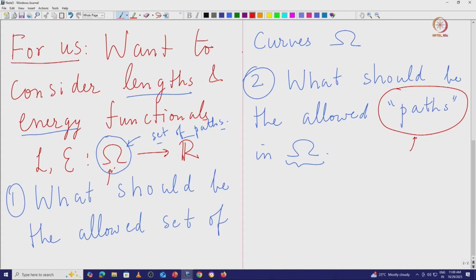The point of this lecture is to develop these two definitions, and then in the next lecture we will develop the first derivative test for the length and the energy functional.